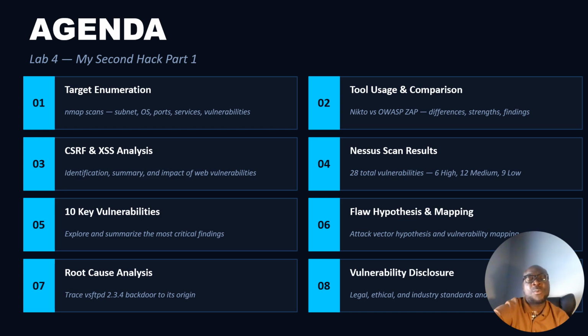Starting with target enumeration using Nmap, then moving through our 3 scanning tools, analyzing the specific web vulnerabilities, CSRF and XSS found by OWASP ZAP, exploring 10 key vulnerabilities from Nessus, building our flaw hypothesis, performing vulnerability mapping, tracing root causes, and finally discussing responsible disclosure standards. This structure follows a real-world penetration testing workflow.